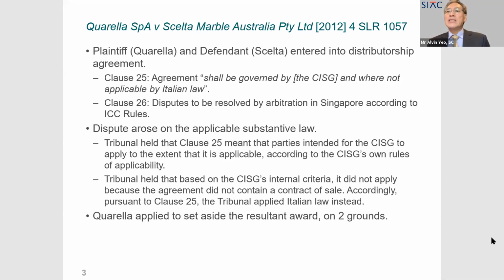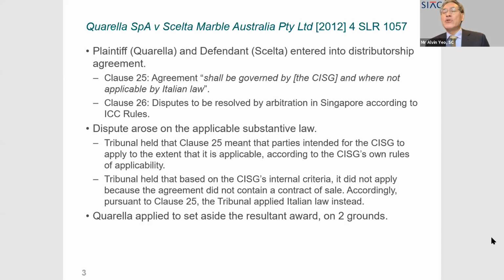Essentially, Celta considered that Italian law should apply. Querela, who originally had agreed that it would be Italian law, shortly before the hearing changed their position and sought to argue that the CISG should be applied.